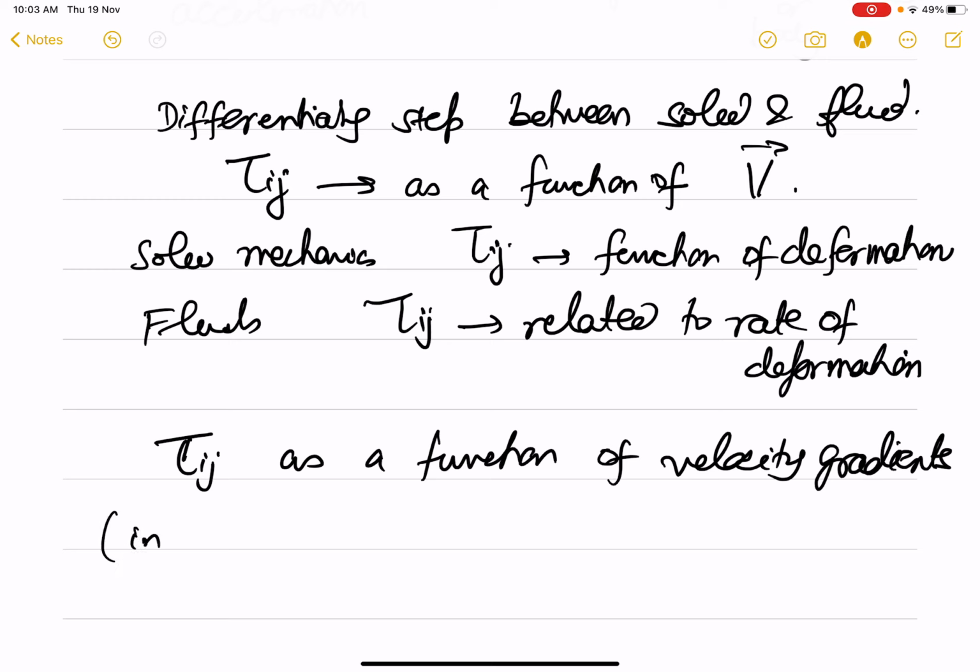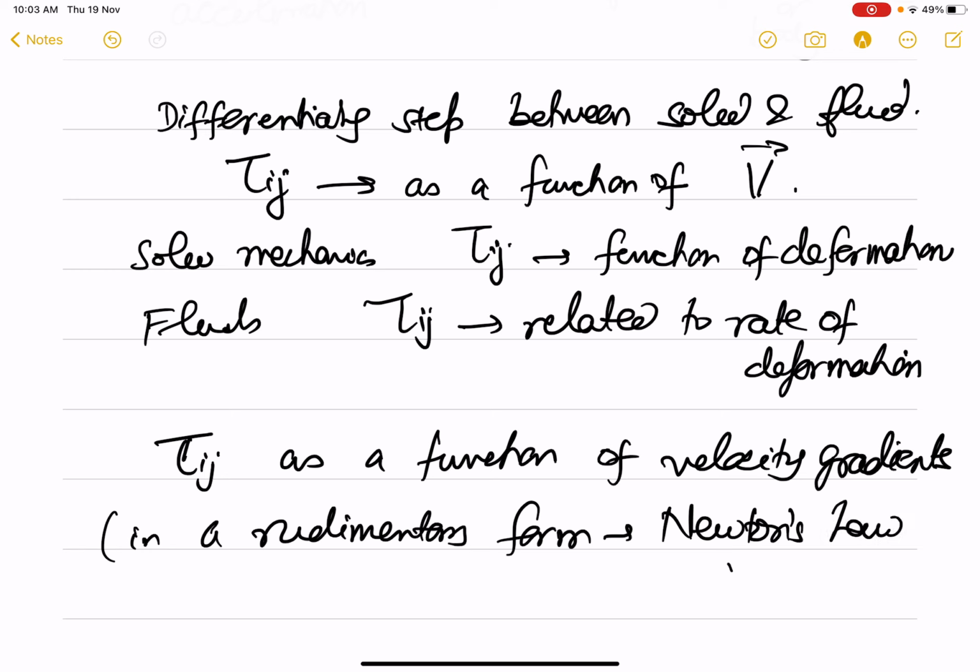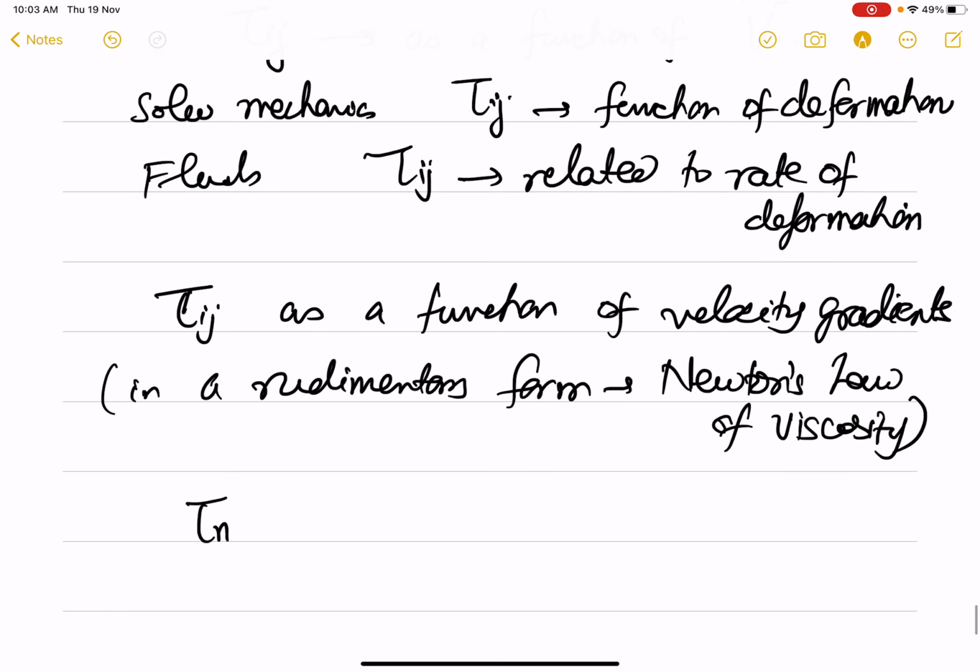And in a rudimentary form, we have done this as Newton's law of viscosity, where we only talked of the shear stress term. We expressed tau nt is equal to mu times dvt by dxn.